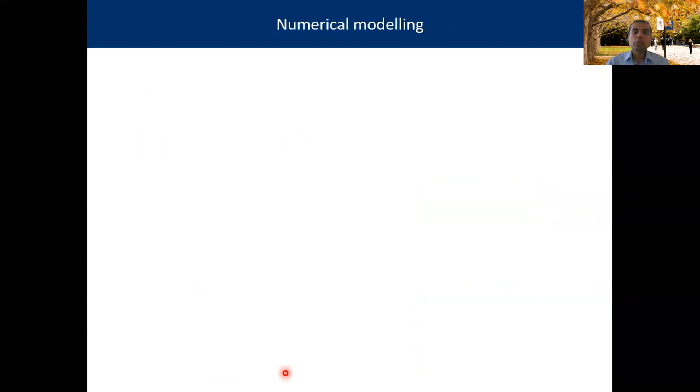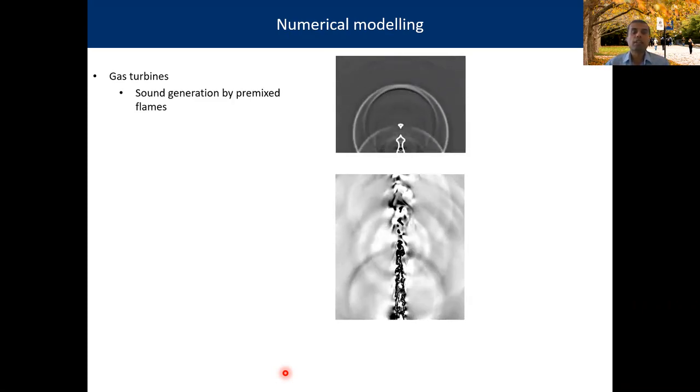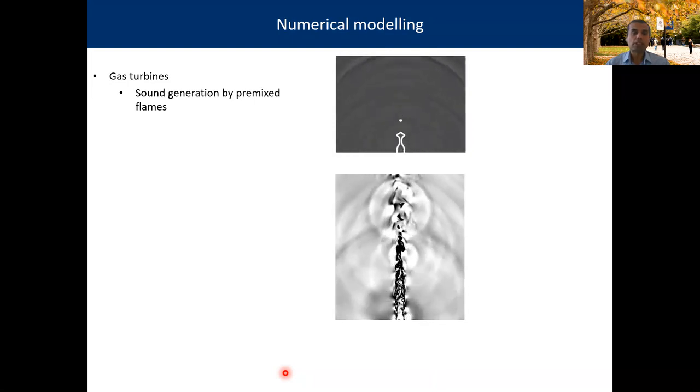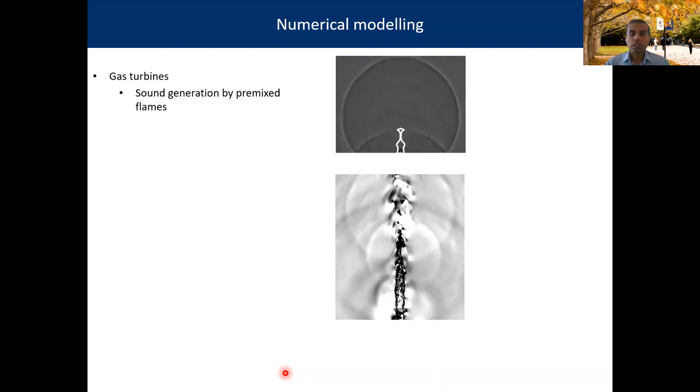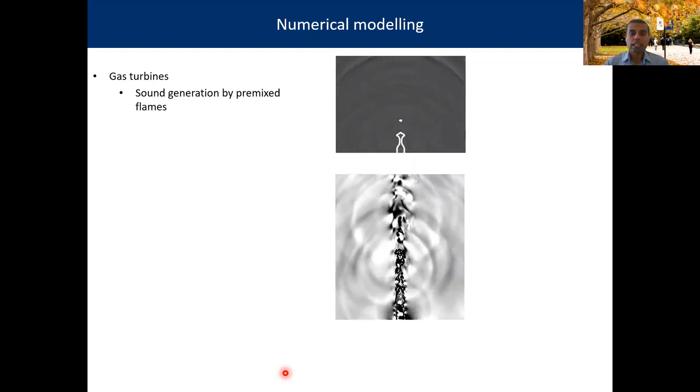All right, so I am in charge of numerical modeling in the Thermodynamics Lab, and I briefly talk about the work that we do in that space. One group of studies that we do is related to gas turbines. The first one, which I'll talk about today, is sound generation by premixed flames, which is a major issue for introducing combustion instability in gas turbines.